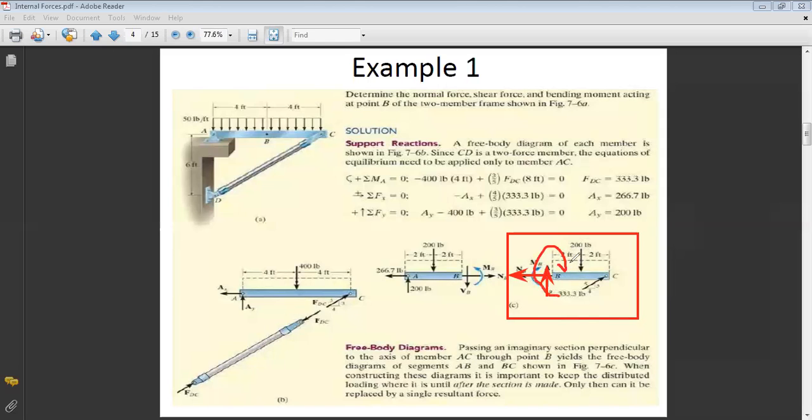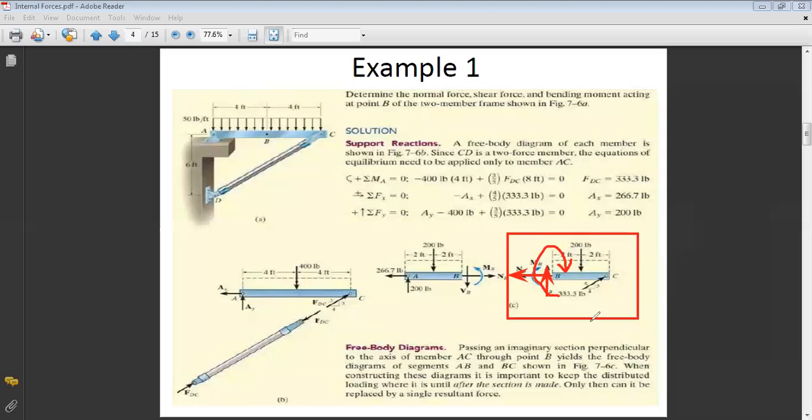And as you can see here, by principle of action reaction, we have opposite forces. So if VB is downward here, it should be upward. So the convention is due to the principle of action reaction, and we choose this convention to have the same values if we select this part or this part.